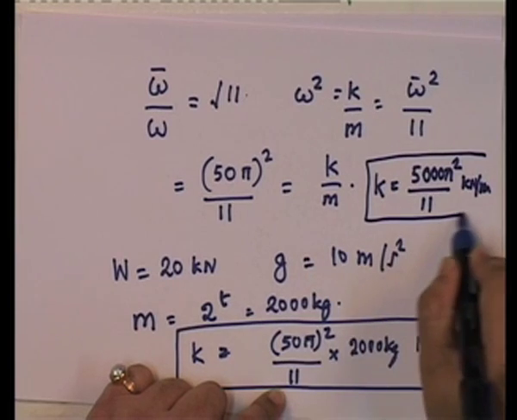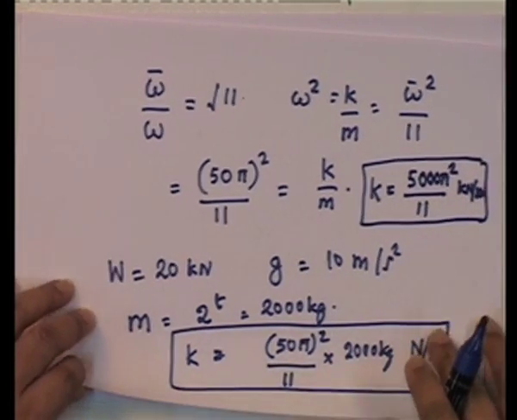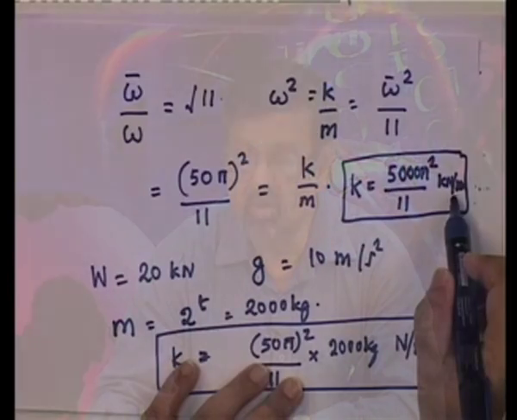We talked about the fact that this seems very soft, but note that despite that, to get a transmissibility ratio of 0.1, we see that it is 5000 kilonewton per meter.